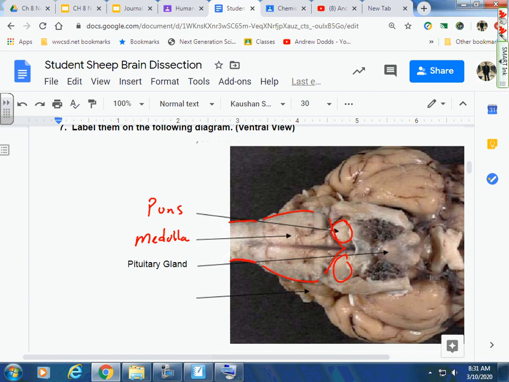All right, they already have the pituitary gland labeled. And then this is the bottom portion of the cerebellum. Good with that?